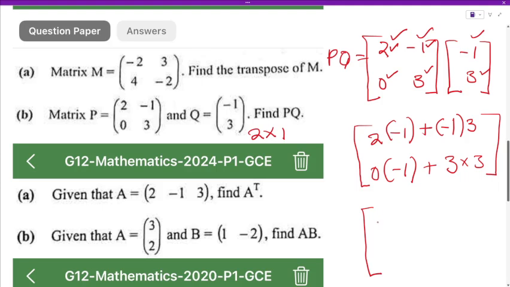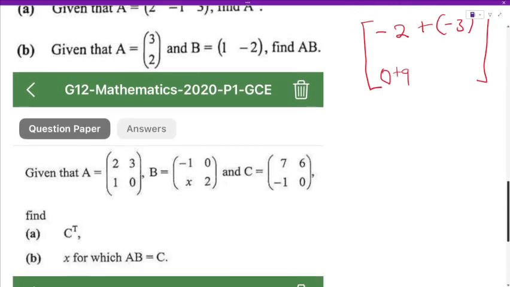2 times -1 is -2. Then they are going to say -1 times +3. That's going to give us -3. Okay, can close there. Then here 0 times -1 is 0. Okay, +3 times +3, that is going to give us +9 down here. Okay, there's no other entry. We can scroll down.